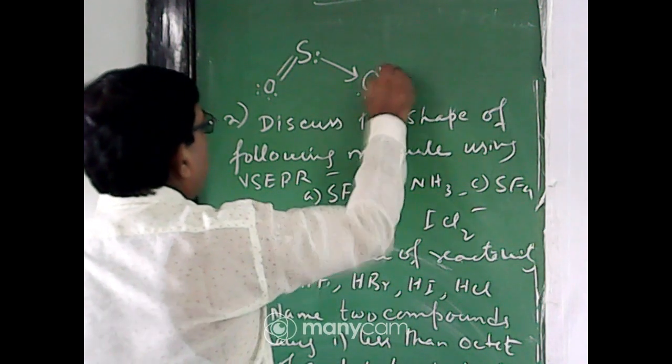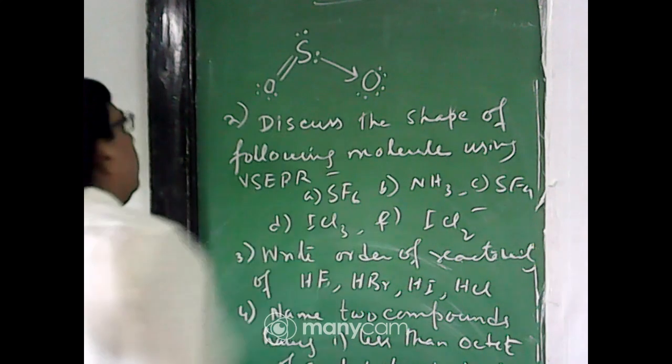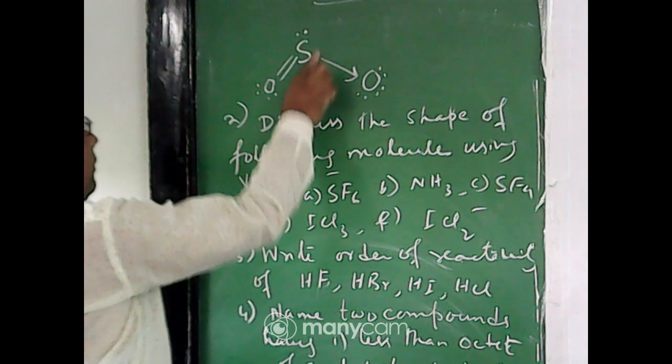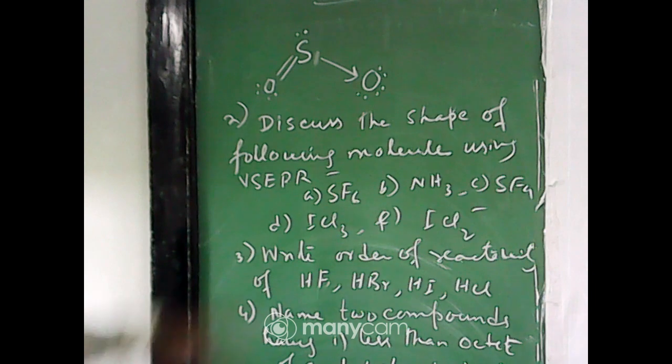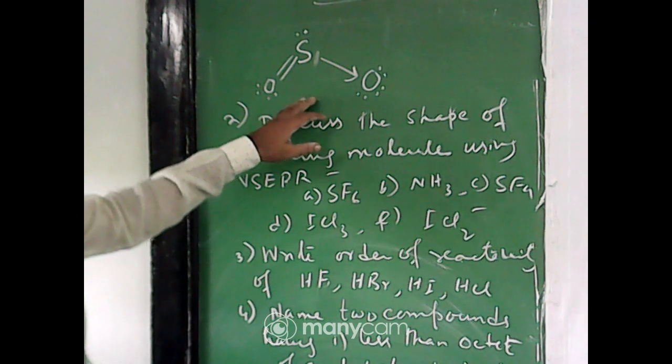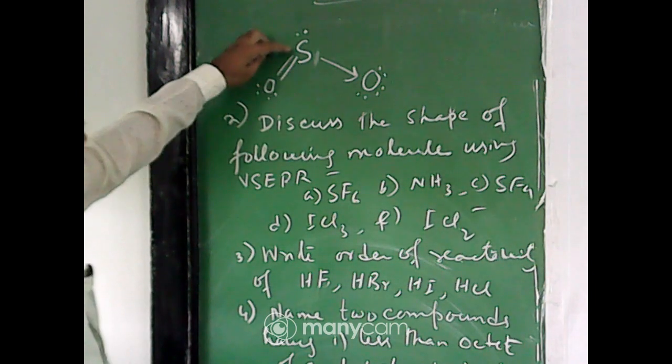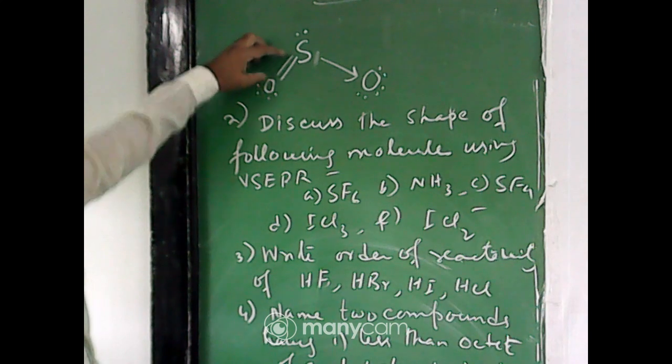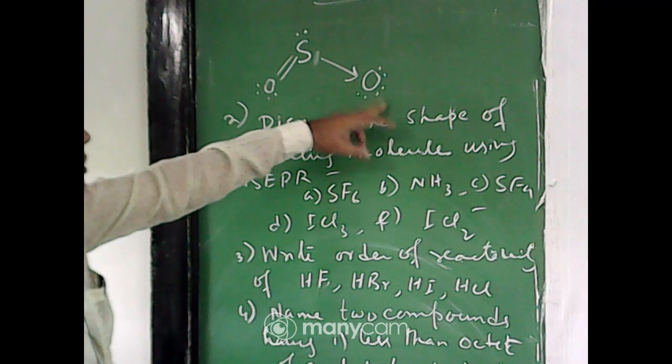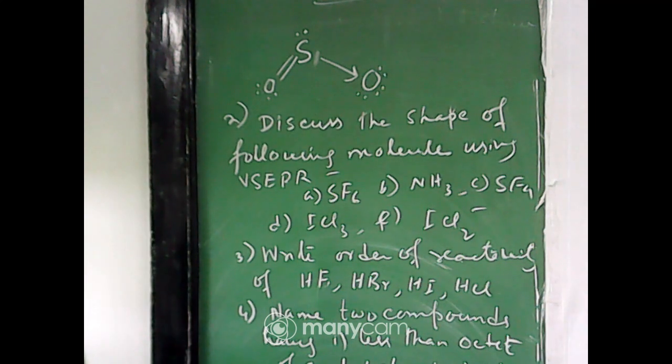So these oxygens have 6 valence electrons, and sulfur has 1 lone pair. This is the Lewis dot structure of SO2. Sulfur forms 2 covalent bonds with oxygen, and with another oxygen forms 1 coordinate bond.